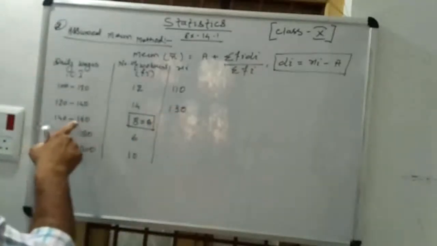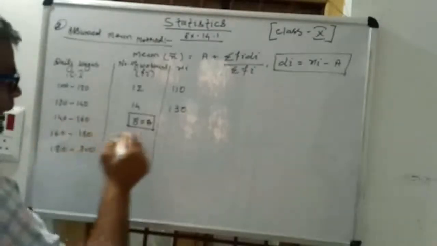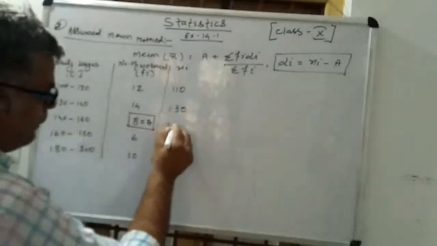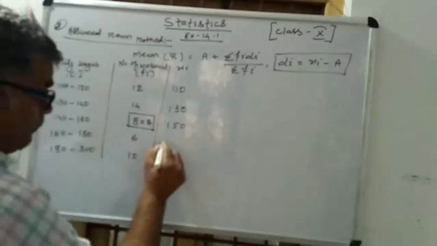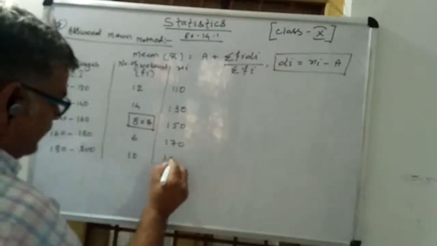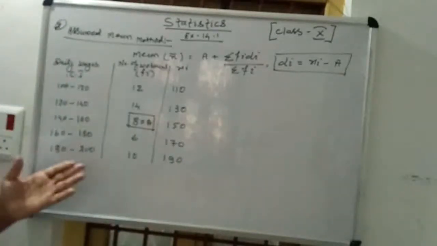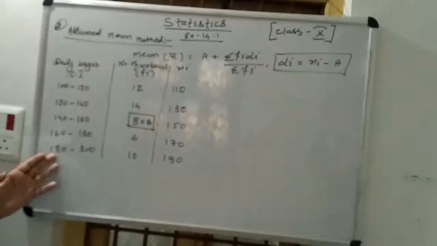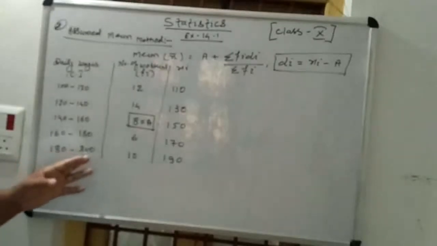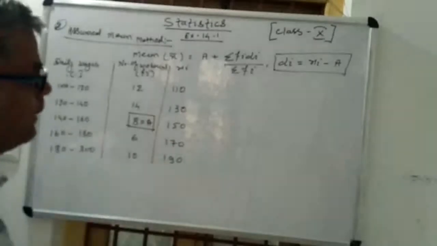Similarly 140 plus 160 becomes 300, divided by 2 is 150, and this becomes 170, and this becomes 190. You can recheck: 200 plus 180 is 380, and when divided by 2 it becomes 190.